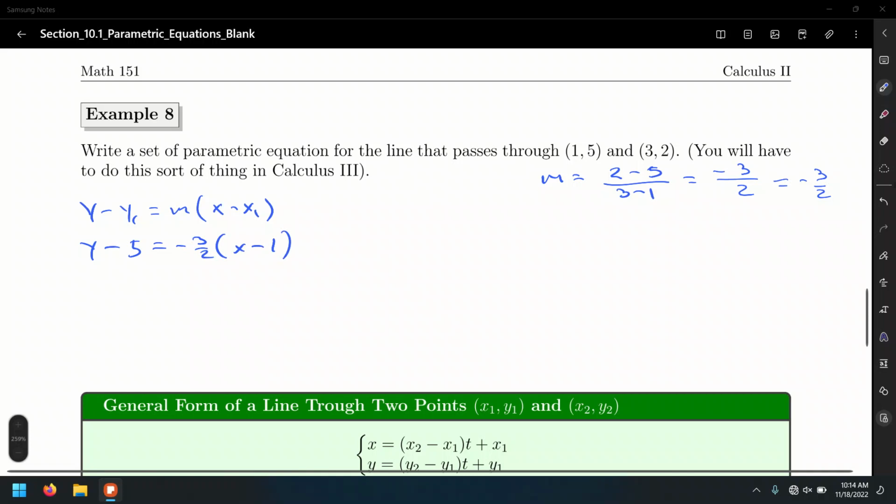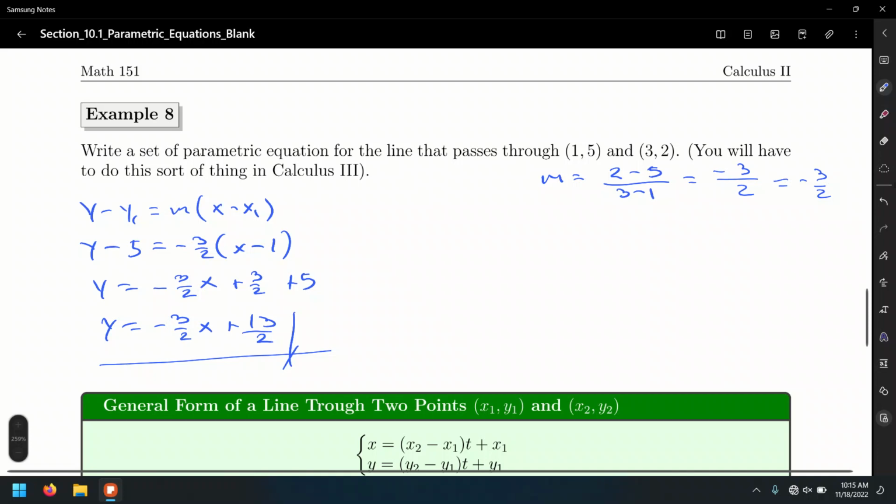Distributing, we get -3/2 x plus 3/2, plus 5. Combining 3/2 plus 5, y equals -3/2 x plus 13/2. That's what we usually do to get the equation of the line using the point-slope form.